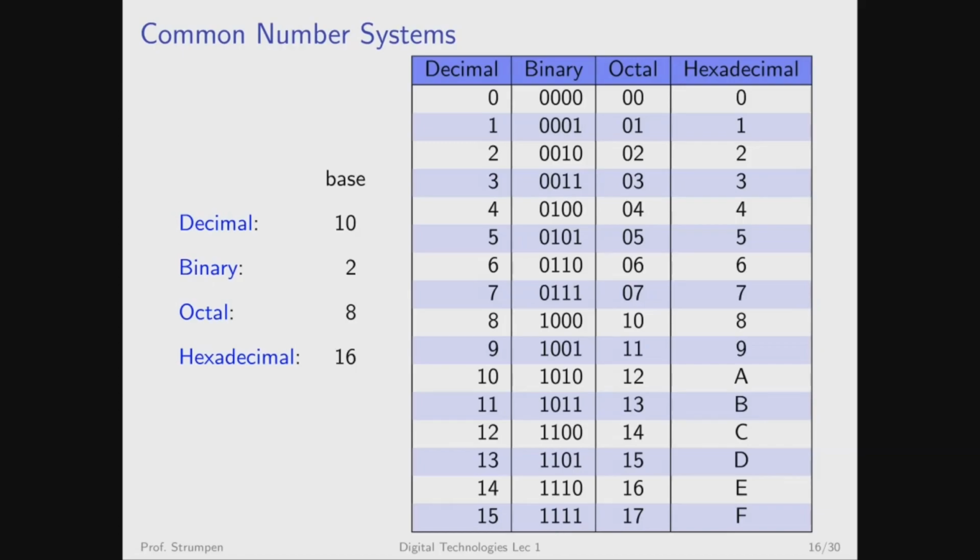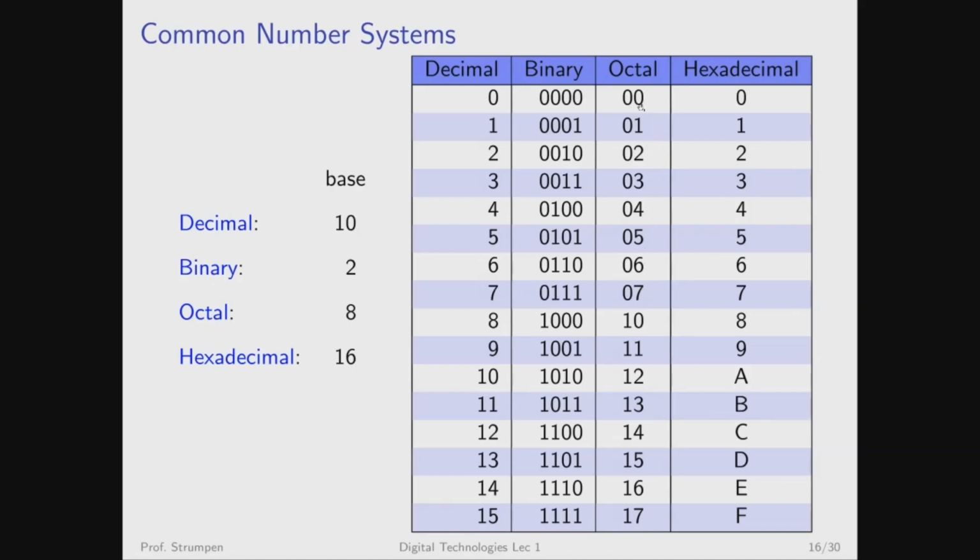If you use octal numbers, the number of digits you need is Q equals 2. And the range of the digits in the octal system is from 0 up to 7. There are 8 different digits from 0 up to 7.